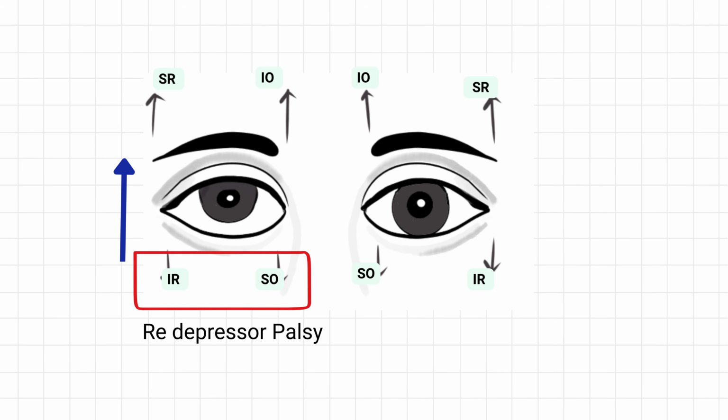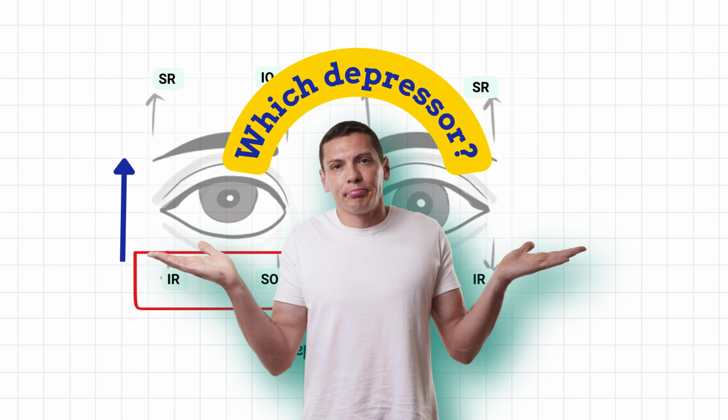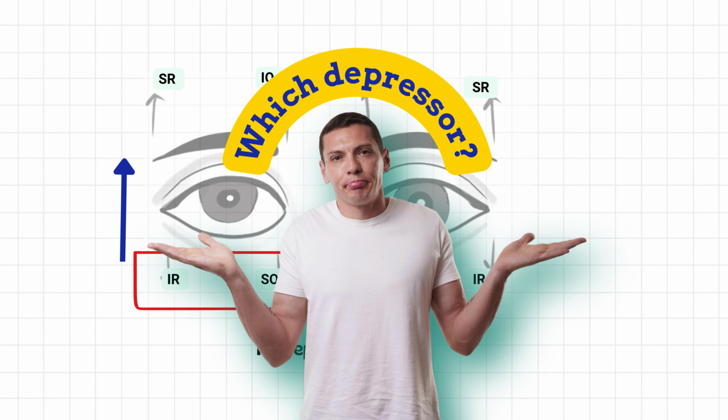If the right eye is hypertropic, it means the depressors of the right eye are weak, or in other words, there is a depressor palsy. At this stage, we don't yet know which depressor is involved, just that a depressor is weak.